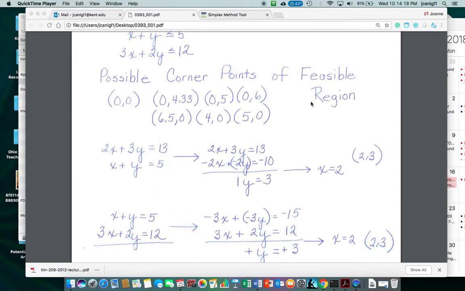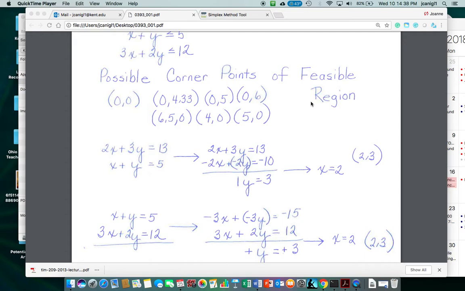I then did x plus y is equal to 5, and I wanted to see where that line intersected with 3x plus 2y is equal to 12. In this case, you have to try each and every one. And so I did, and again I got 2, 3.